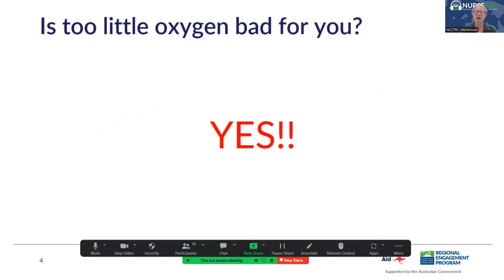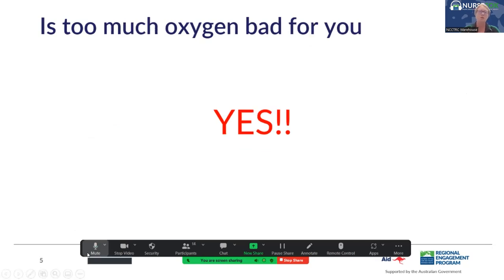So there's a lot of talk out there at the moment, and a lot of evidence and research being undertaken, asking the question, is too little oxygen bad for you? And the answer, of course, is yes. We need oxygen to live. So too little oxygen is bad for you, but also too much oxygen can also be bad for you.